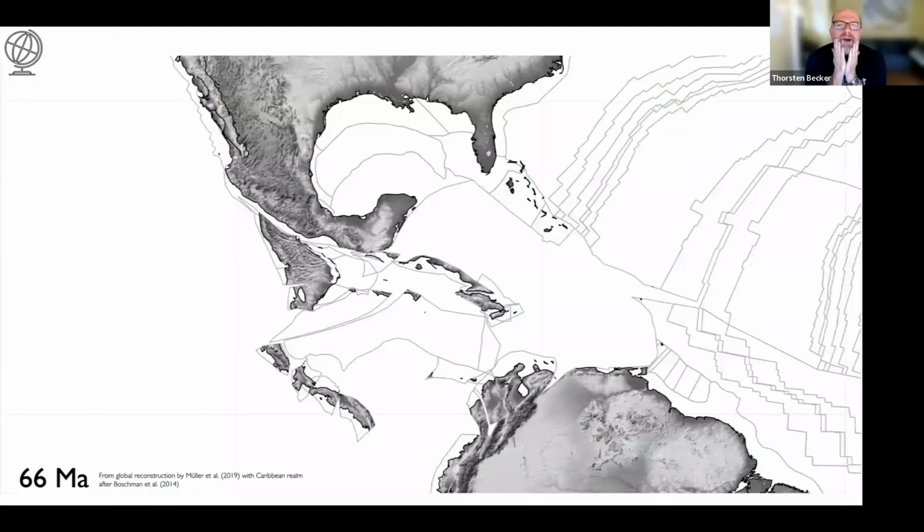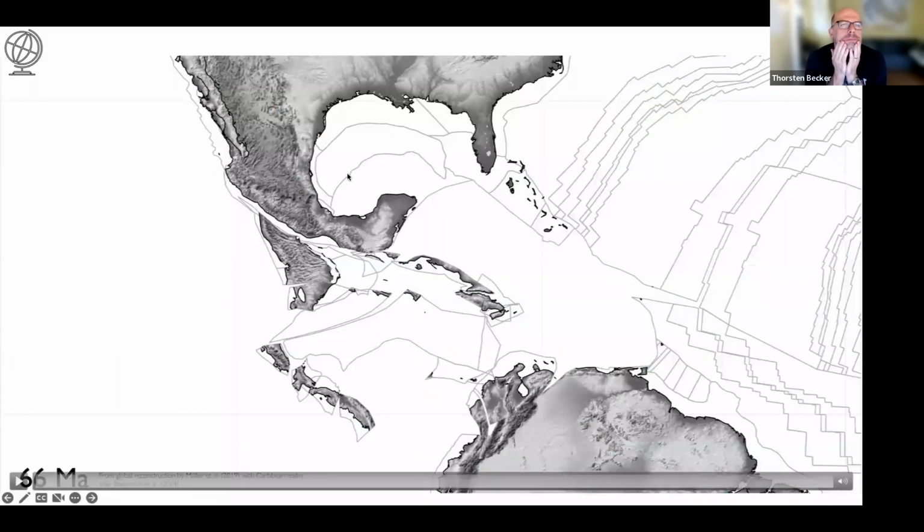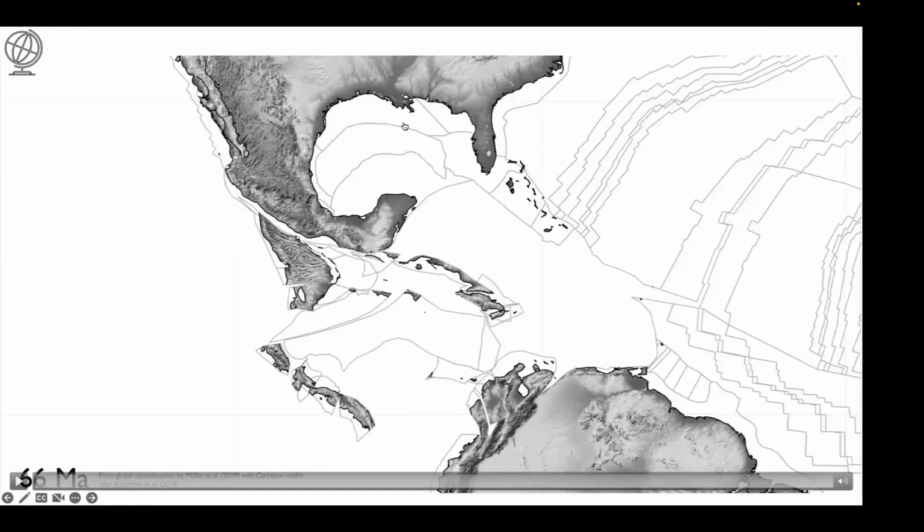Torsten asked what's happening with Northwest Colombia and those reconstructions.